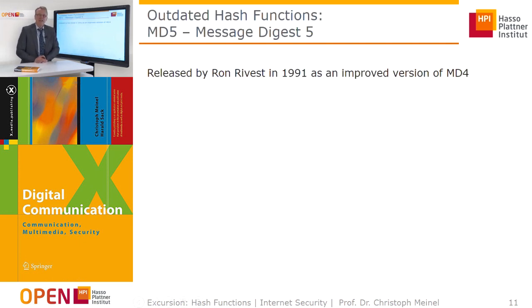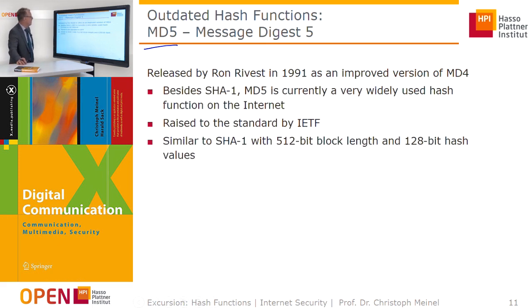Let's consider some of the popular hash functions. MD5, message digest 5, is a very popular hash function which was released in 1991 by Ron Rivest. It is an improved version of another hash function, MD4. MD5 as well as SHA-1 are currently very widely used, but they were released years ago as a standard by the Internet Authority IETF.